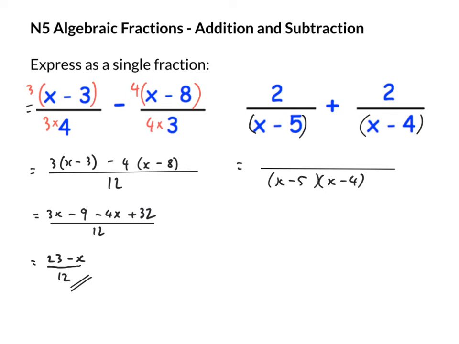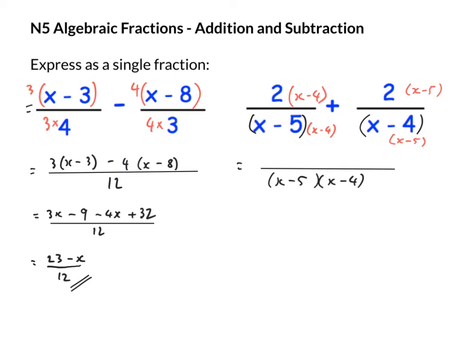And the way we would get that is by multiplying the first fraction, top and bottom, by x minus 4. So I've got 2 lots of x minus 4. And by multiplying the second fraction by x minus 5 on the top and bottom.